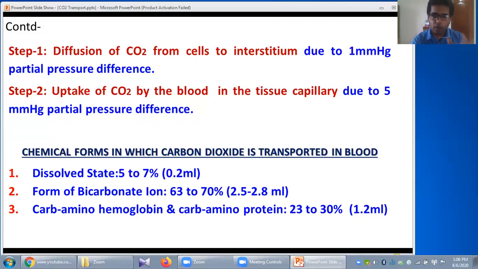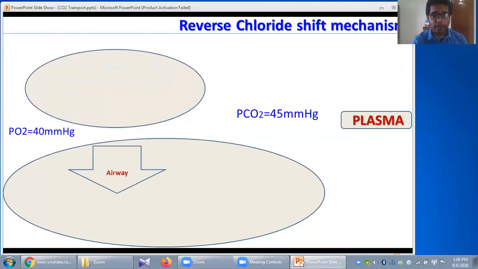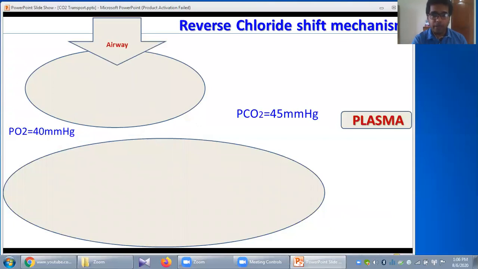Is it okay? Now this whole blood with these different forms of carbon dioxide will be transported to the pulmonary capillary, or it will reach the lung level. Now let's see what happens in the pulmonary capillaries. Here you can see the alveoli having a partial pressure of oxygen of 100 millimeter of mercury, and the carbon dioxide partial pressure is 40 millimeter of mercury.